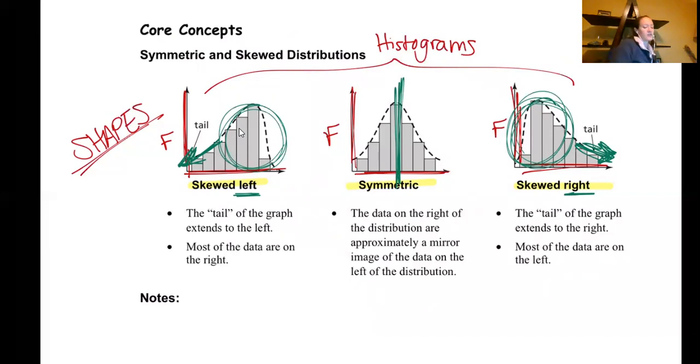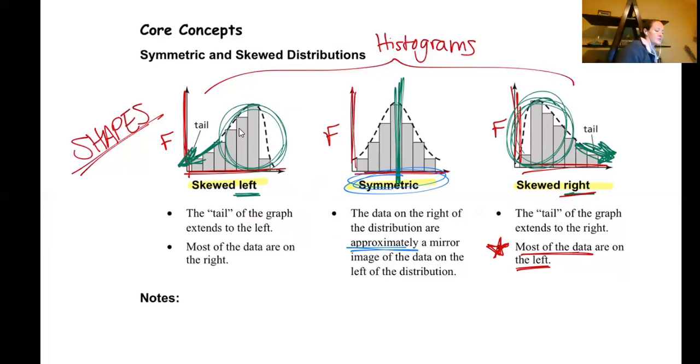Now, it does say down here approximately. So as long as it's approximately a mirror image, what's on one side is on the other side, we can still call it symmetric. But for these other guys, skewed left or skewed right, a couple things they might try to trick you on is, even though it's skewed right, even though you're kicking to the right, remember the heaviness or most of the data is on the other side or the left, like how your body leans, most of your body is this way when you're kicking out.